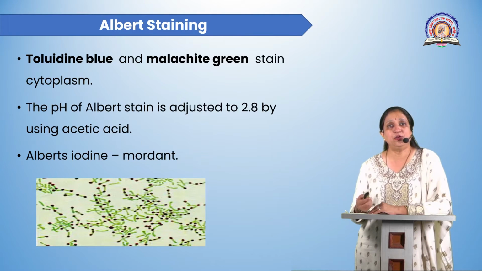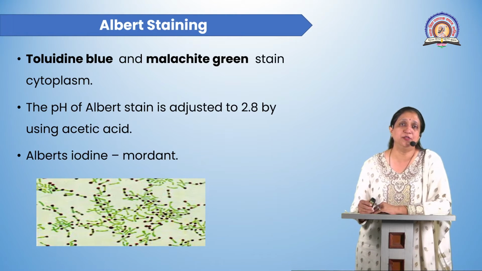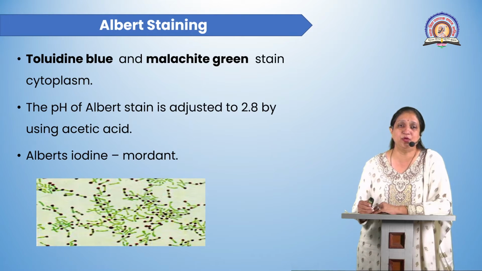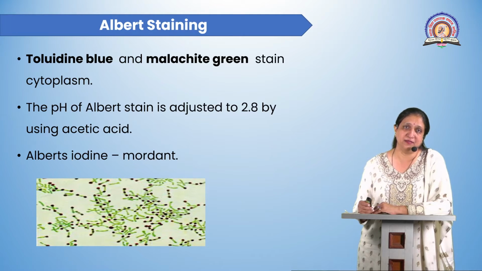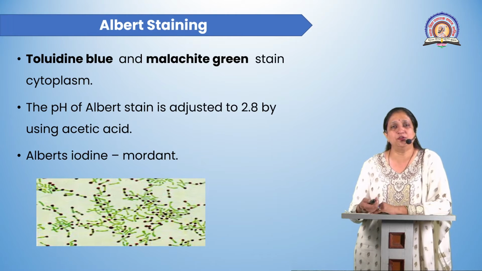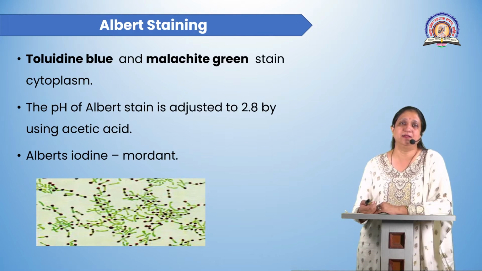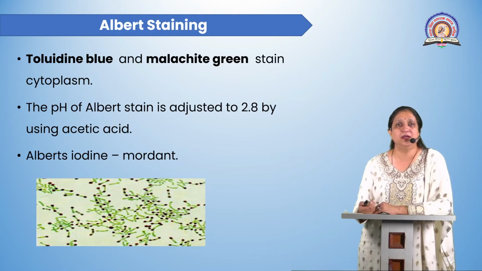Right? But when you add the iodine as the mordant to the stained smear, then the color of the metachromatic granule does not appear to be red. Instead of red, it appears to be dark blackish blue in the presence of iodine. So the metachromatic effect is lost in the presence of iodine, and therefore the use of toluidine blue and malachite green is sufficient to observe the red colored granules within the green colored cytoplasm of the bacterial cell.